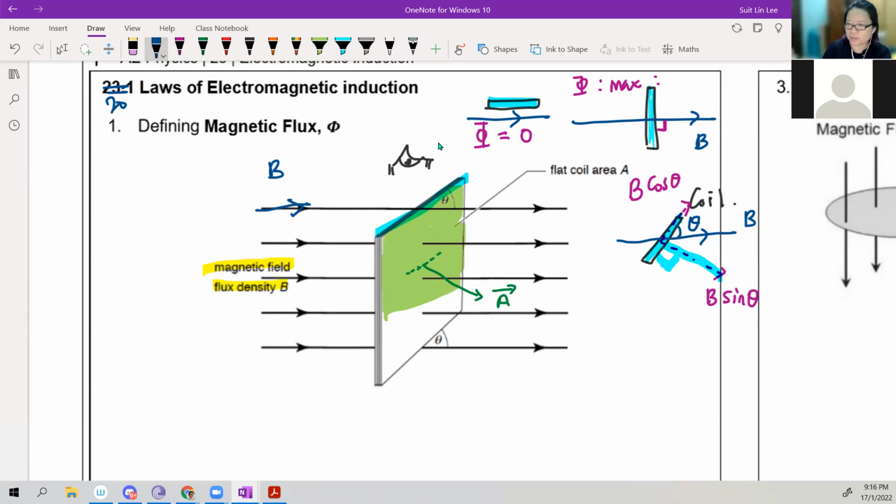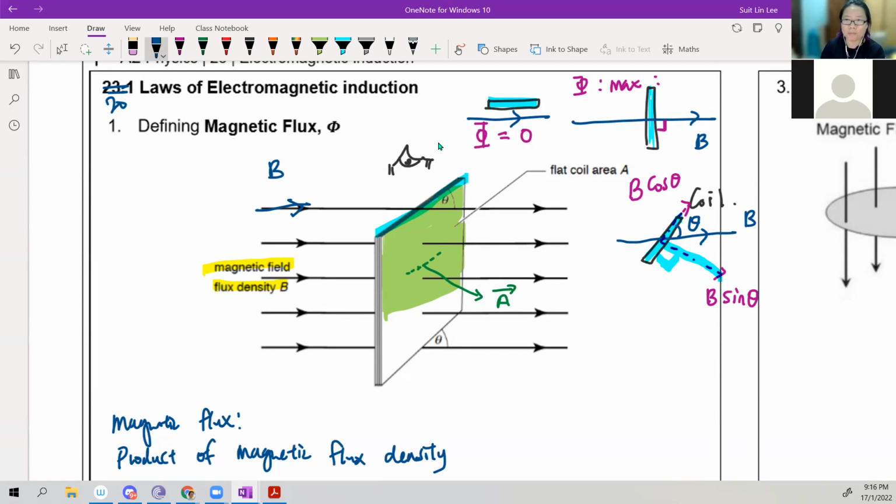So from here, I will define magnetic flux as the product of B and A. Magnetic flux density, because we need a number to tell us how much magnetic field passes through a unit area.